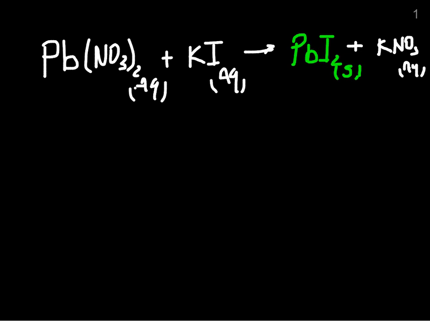One thing I should do is go back and complete this by balancing the equation, putting a 2 in front of there and a 2 in front of there. But looking at this equation, there's a whole lot of stuff going on. I'm taking two reactants that are on this side and forming two products on this side.